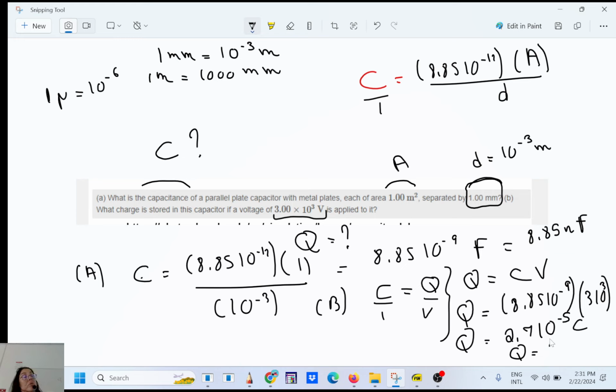Micro is 10 to the negative 6. Nano is 10 to the negative 9. So what did you say? Oh, yeah, you're right. About 26.66 micro. You're right. Coulomb.